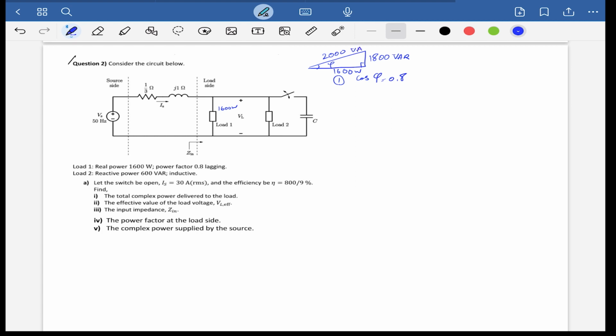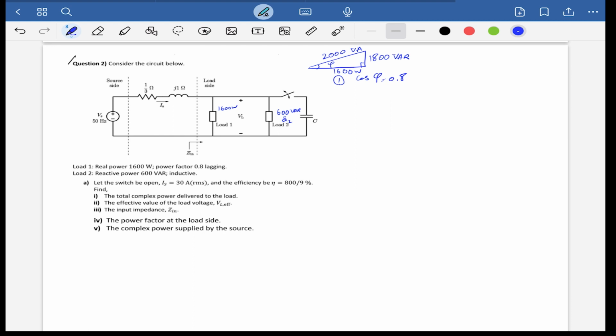Now, what else do we know? We also know about the load 2, which has 600 VAR, which is Q of 2, right? So Q of 2 is 600 VAR. And also we know that before the switch is closed, the IRMS value for overall load 1 and load 2 will be in series with the line and also the source.